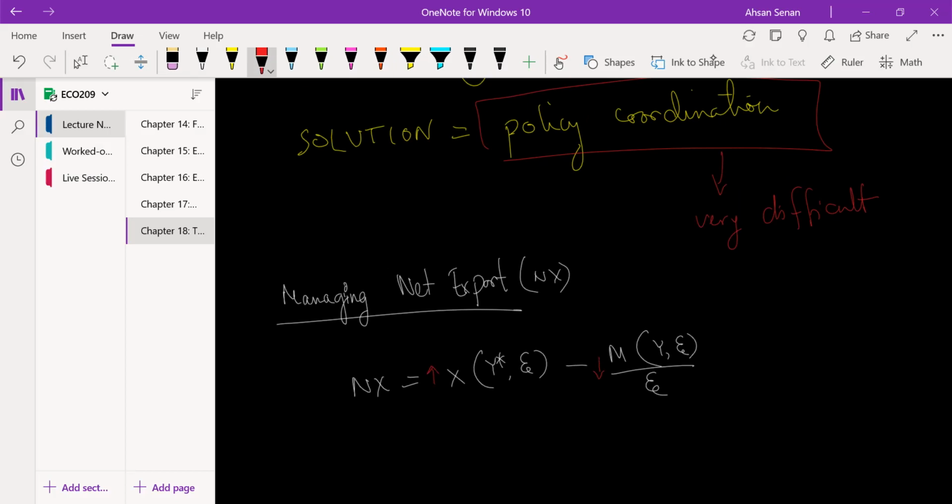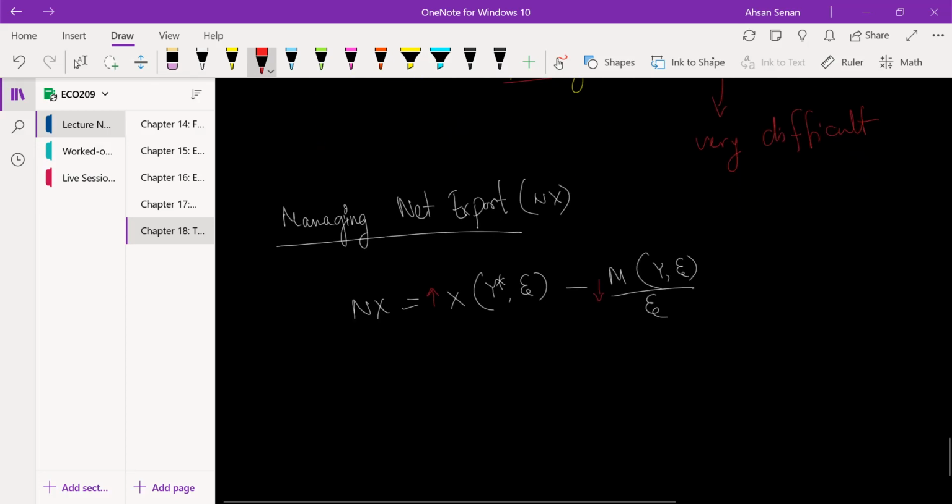Okay, so if you think about it for a while, the most obvious solution seems to be a depreciation, or effectively when our currency gets weaker relative to another currency. If we have depreciation, what does that mean?